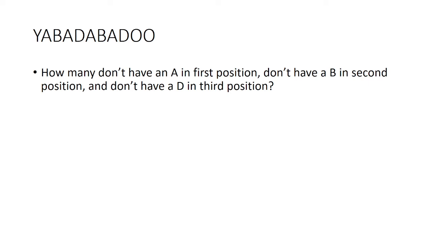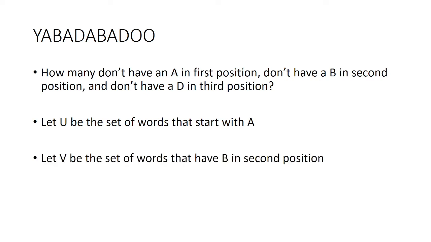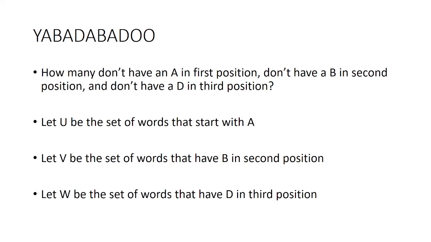How many don't have an A in the first position, don't have a B in the second position, and don't have a D in the third position? In order to do this, we have to define sets U, V, and W. So we're going to say, let U be the set of words that start with A, V be the set of words that have B in the second position, and W be the set of words that have D in the third position.